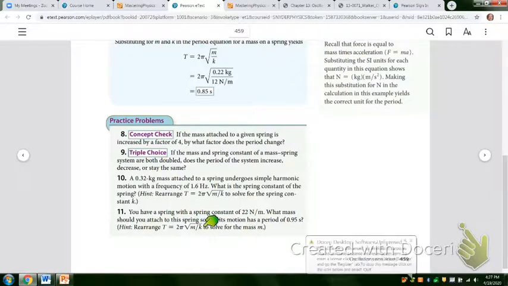So we're going to take this formula and solve it for m. I'll do that on another sheet. This time we have the period formula, which is T equals 2 pi times the square root of m over k.